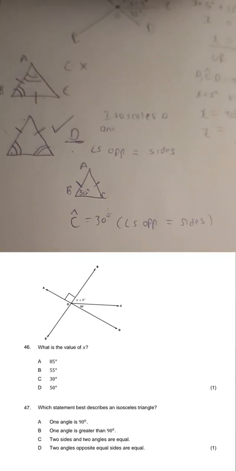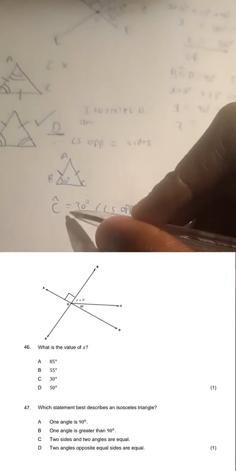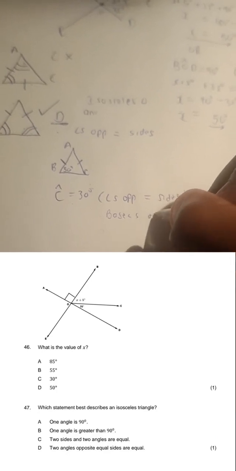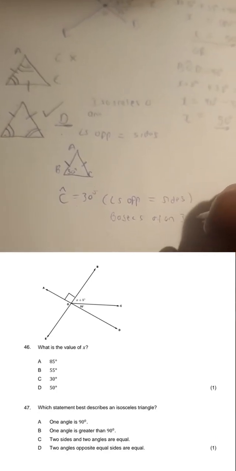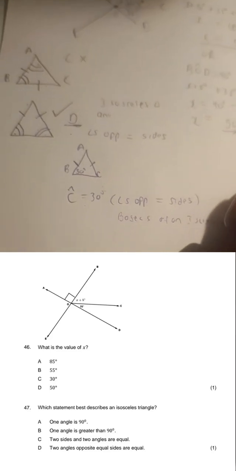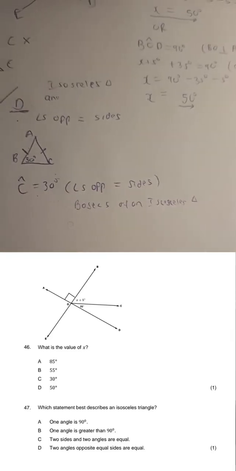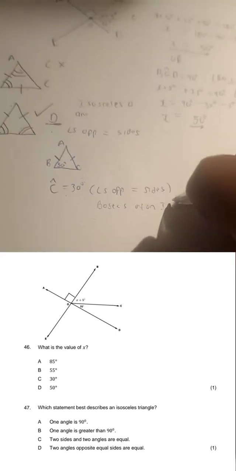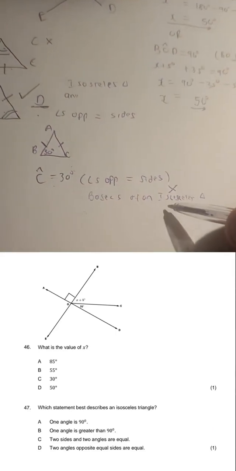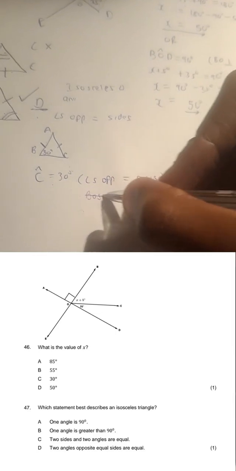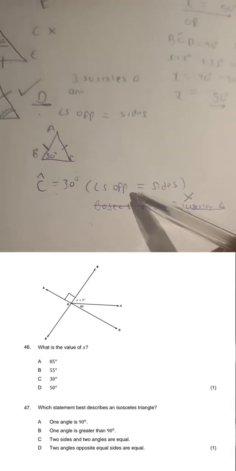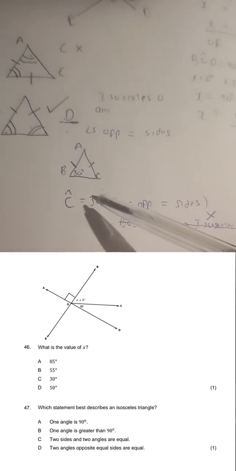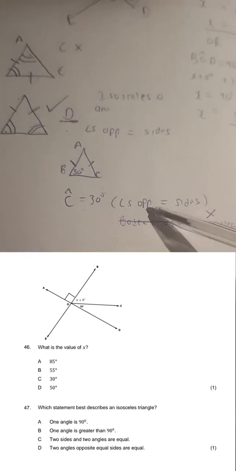But please, the reason base angles, if ever you say angle C is equal to 30 degrees and you write base angles of an isosceles triangle, okay, I understand that you are basically trying to tell me that those two angles are equal because of that, but we don't use this reason. This is a reason that we don't use anymore. All right, so we don't use this reason, but this one is the one that is in the acceptable reason document that we use. So we would say C is equal to 30 degrees and we say angles opposite equal sides.